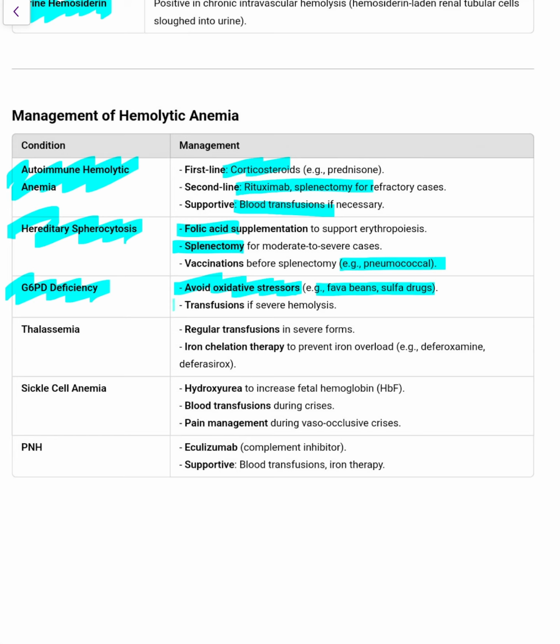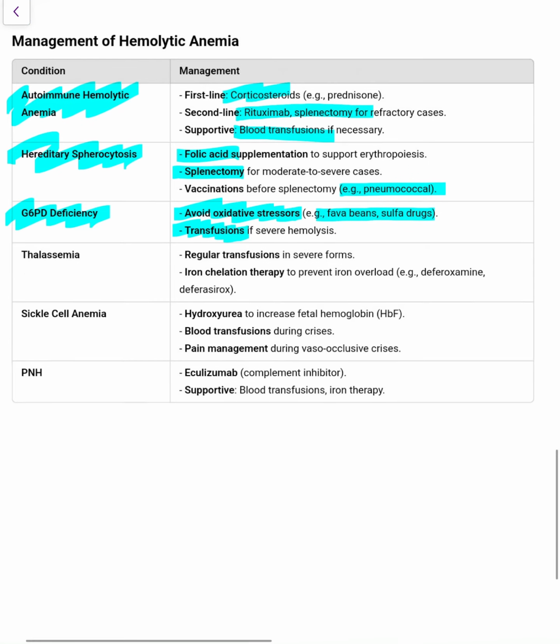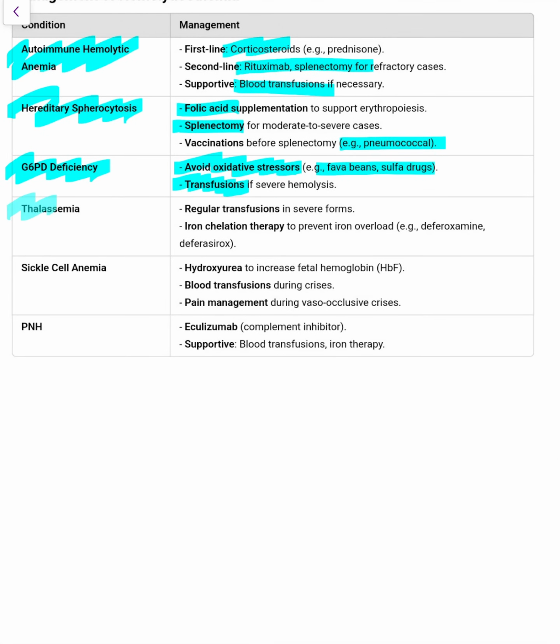Transfusions for severe anemia and hemolysis. Thalassemia, regular transfusions, as we all know. Iron chelation therapy, because of the risk of hemochromatosis. And sickle cell anemia, hydroxyurea we have to give. It will increase the fetal hemoglobin. Blood transfusions, and pain crisis will be there, so we have to manage the pain also.